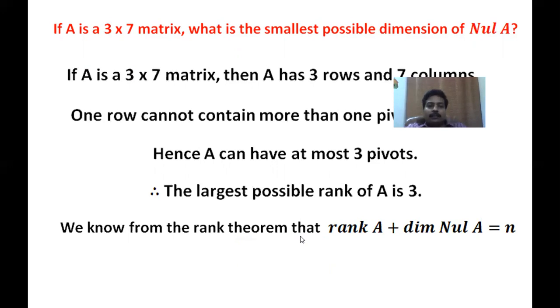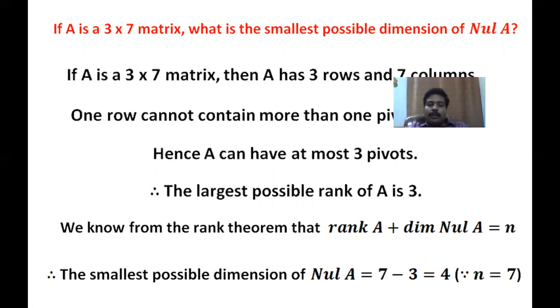Here n is 7. So the smallest possible dimension of null space A is 7 minus 3, that is 4. That means in the null space of A there will be at least 4 vectors. We can have more than that also, of course.